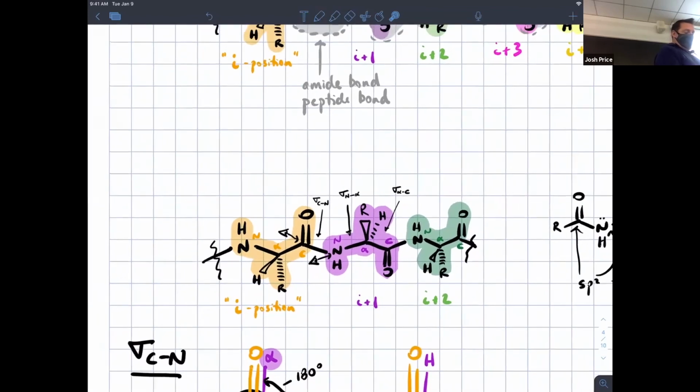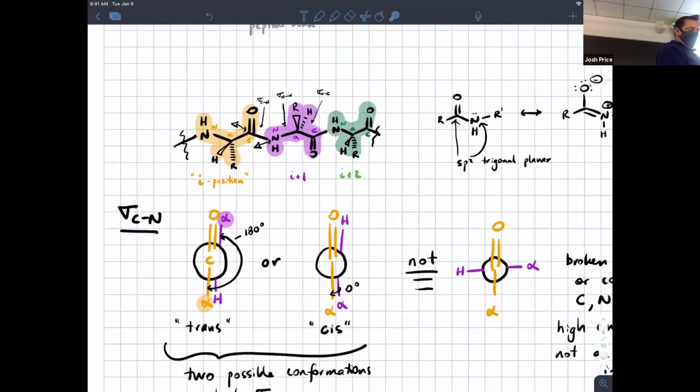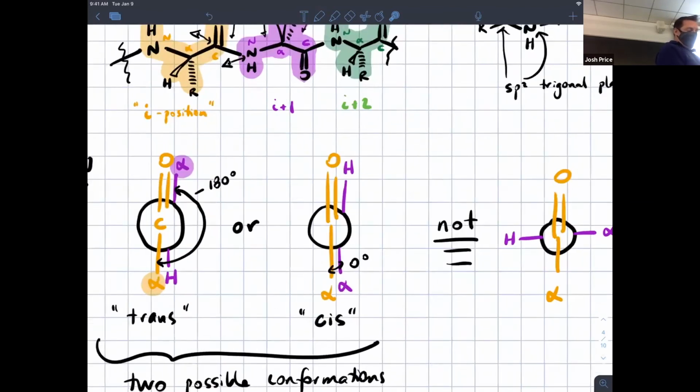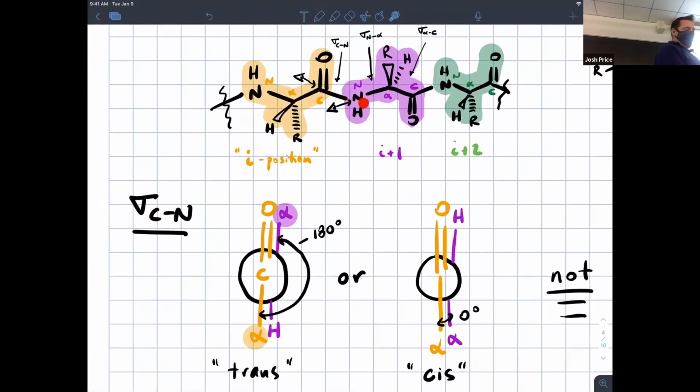So in peptide chemistry, we actually give some of these dihedral angles about these bonds names. The first one is called omega, and this one's boring. If we look down the carbon-nitrogen bond, you would expect that nitrogen to be sp2 hybridized.